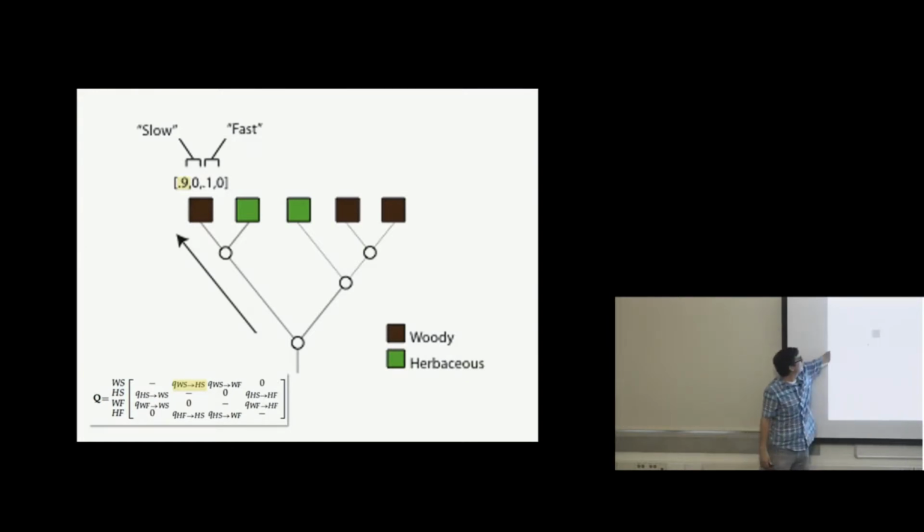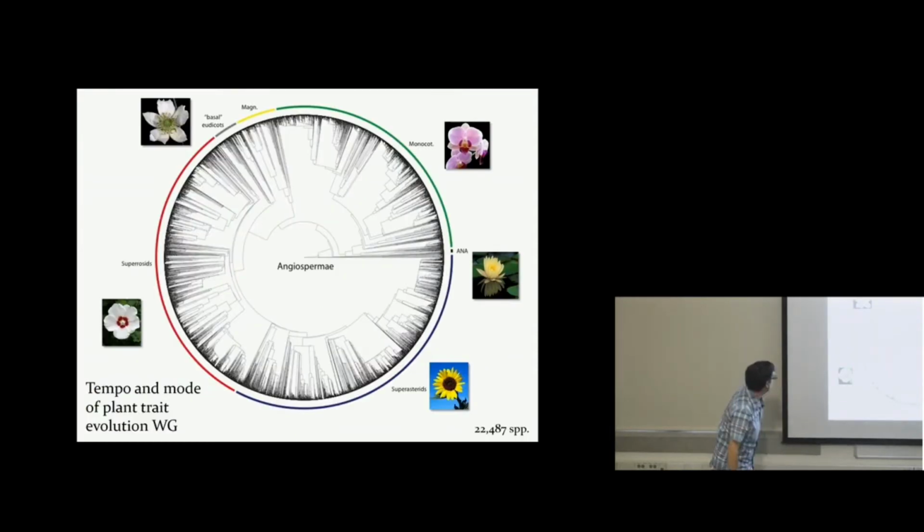And so what we did is we took that estimate for each one of these tips, and we matched it up to our Q matrix, and we basically made a data sheet that has these rates for each one of the species. To test out these ideas of estimating rates for contemporary species, we took a data set that I've been involved in assembling with a nascent working group, which we call the Tempo and Mode of Plant Trait Evolution.